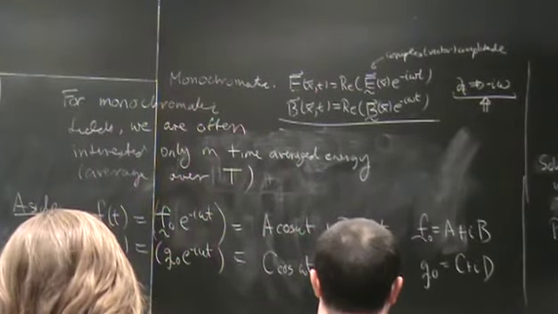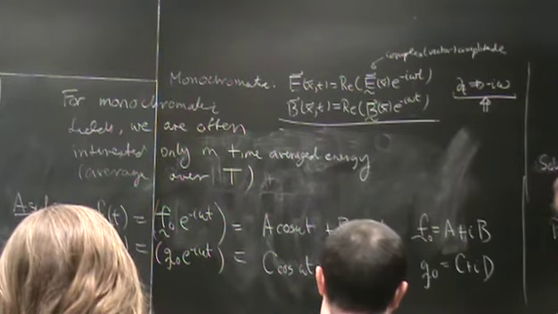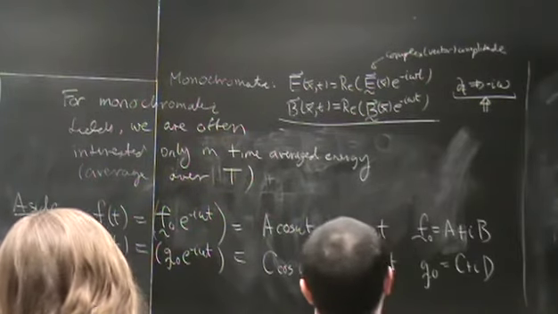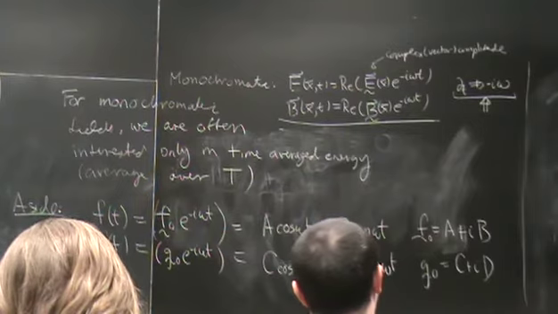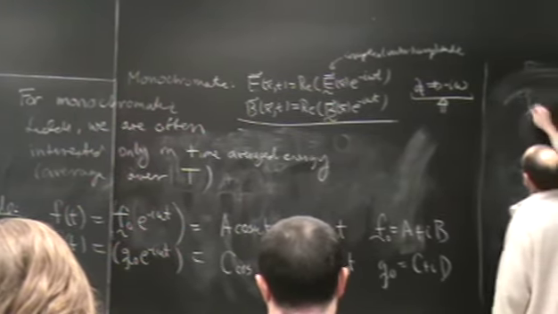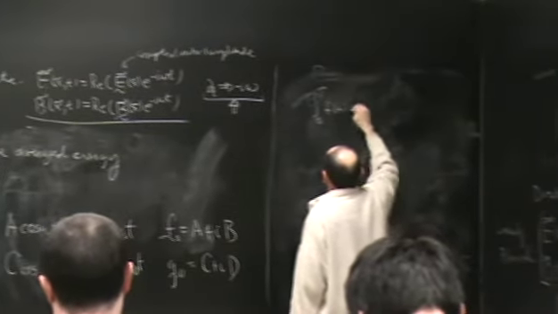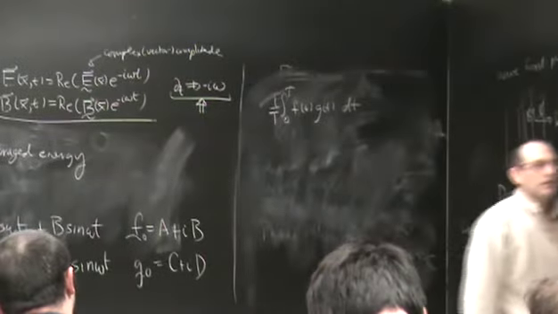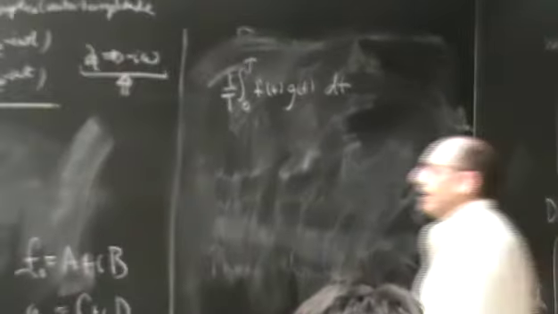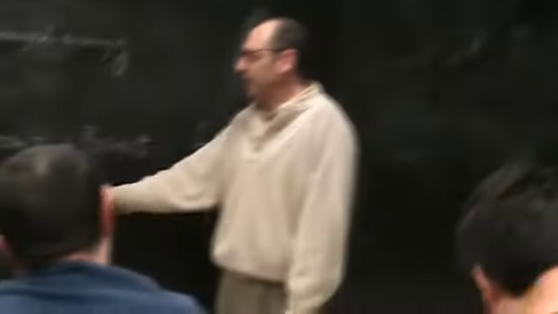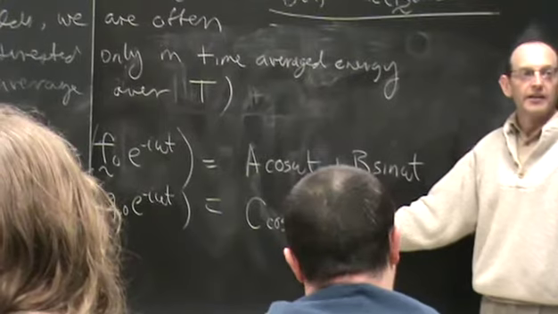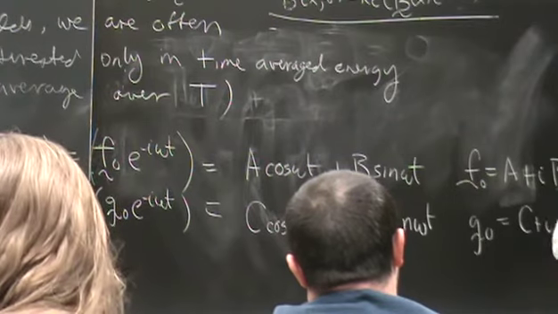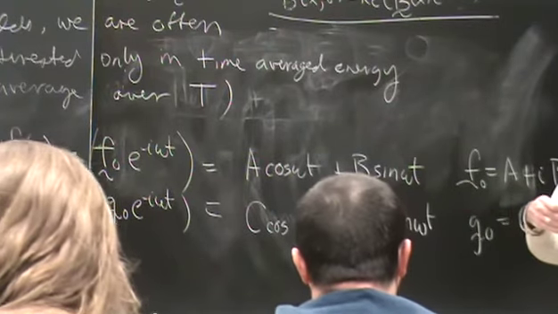Okay? So now I ask you, what is the time average of the product of f and g as real functions? Well, if I plug this in, when I multiply it, I'm going to get A times C cosine squared and B times D sine squared. We know that the time averages of cosine squared and sine squared are 1/2.